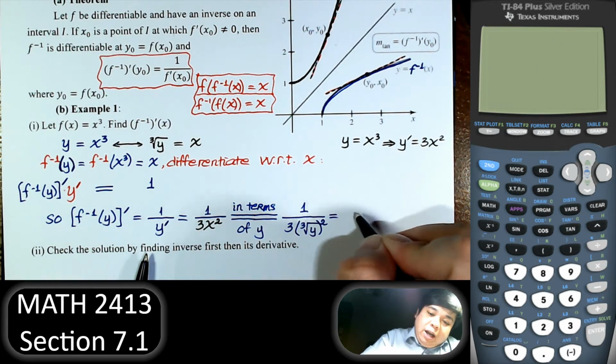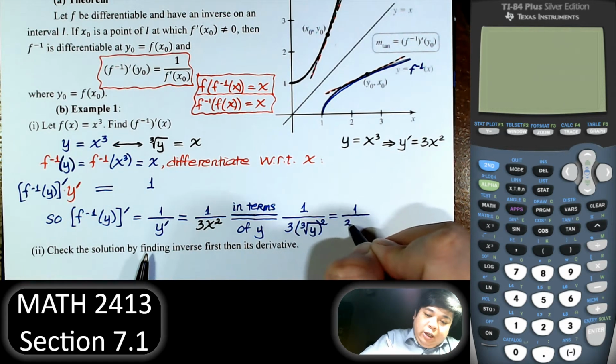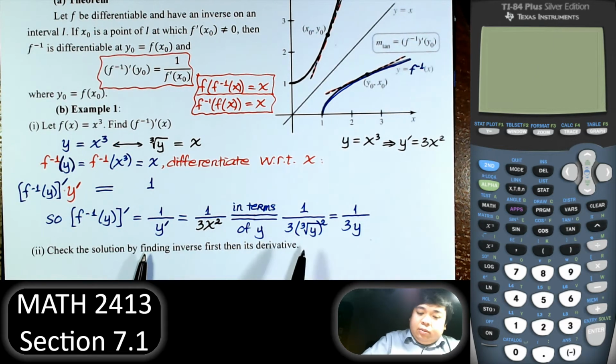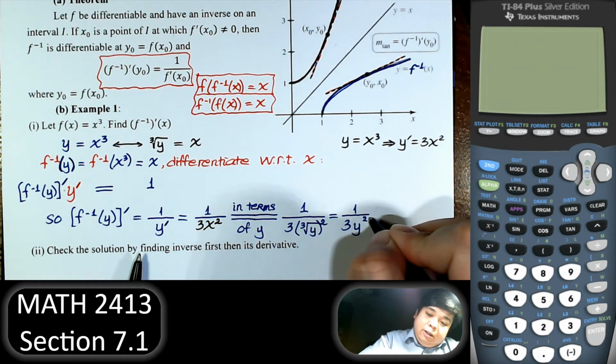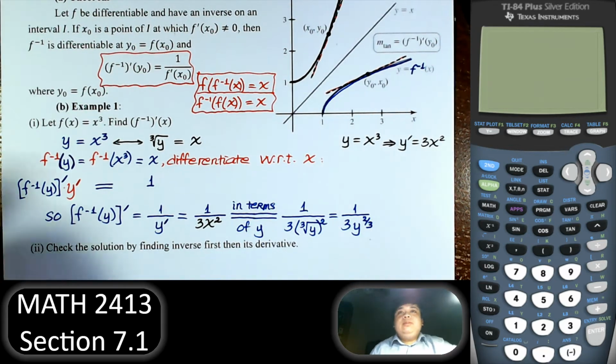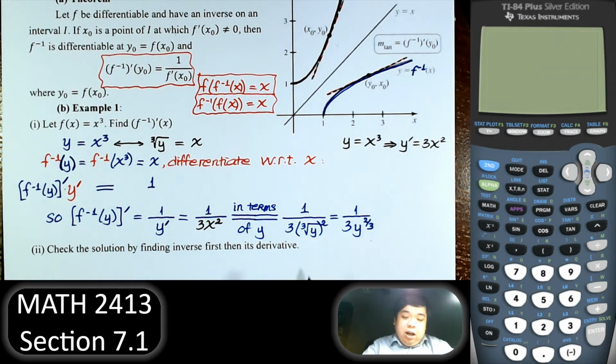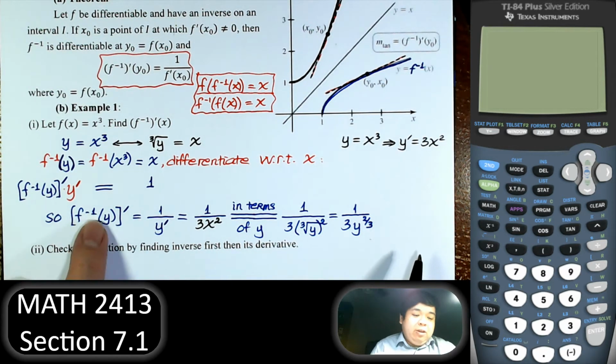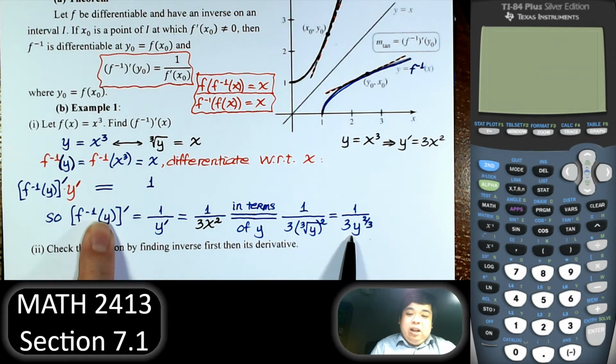If we rewrite that, we can have 1 over 3 and y to the power on the top, root at the bottom, index at the bottom. Right, so we have the derivative of the function in terms of y, which is good.